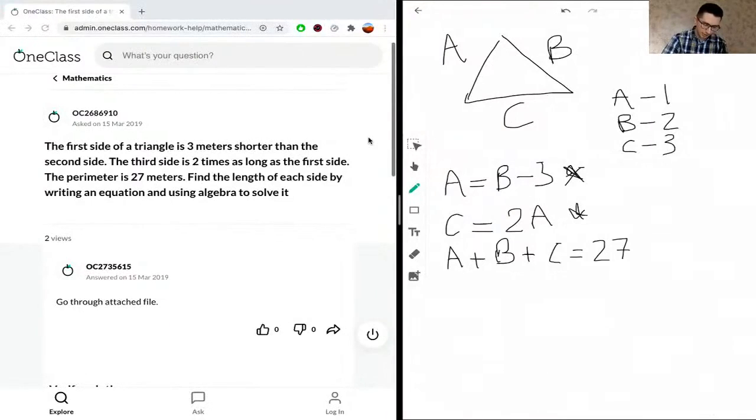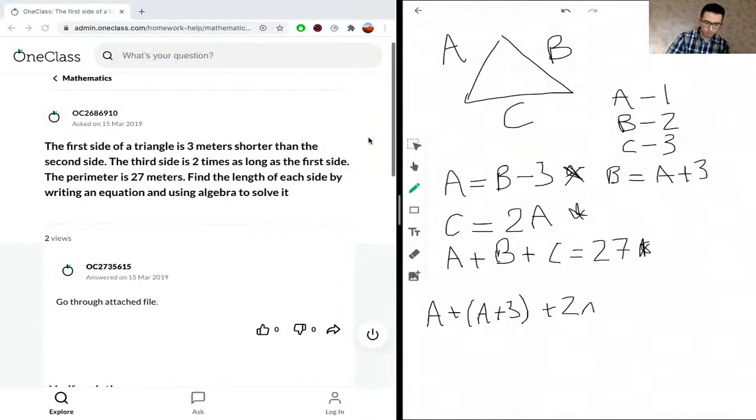So we know C is defined in terms of A, and we can switch the first equation, so B is equal to A plus 3, and now B is also in terms of A. So we can substitute B equals A plus 3 and C equals 2A into equation number 3. So we'll say A plus B, which is A plus 3, plus C, which is just 2A, is equal to 27.